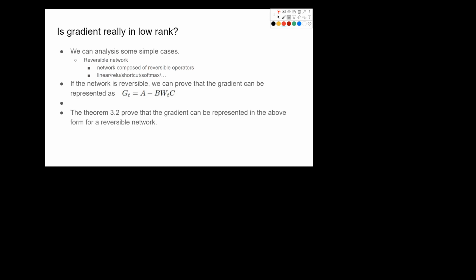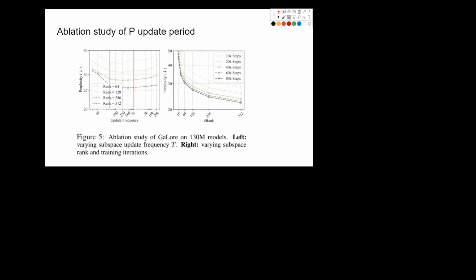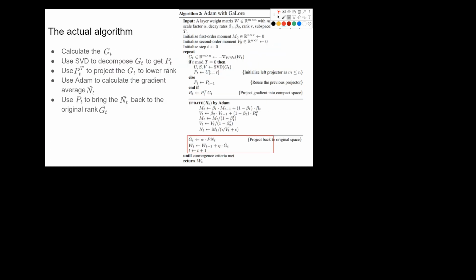Okay, but actually now in the implementation of GaLore, we don't really need this analysis, and we can actually verify this by checking the SVD result here. So we can run a lot of jobs to test whether G_t is really a low rank matrix or not.